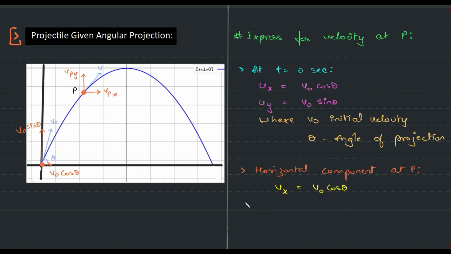Why is that? Reason being, the object is not accelerated along the horizontal direction, that we know of, right? We know this. So we don't have the object accelerating along the x-axis. So this will not change.